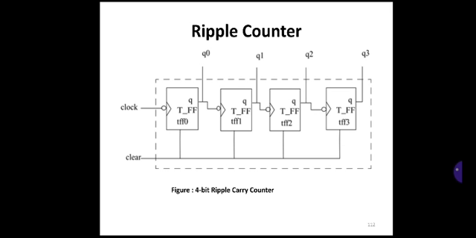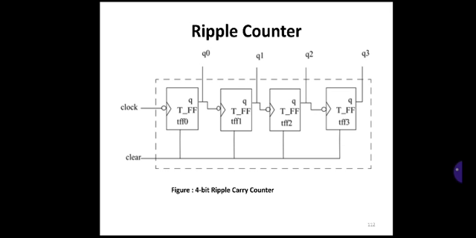As it is an asynchronous counter, the Q output of the first flip-flop, TFF0, is connected to the clock pulse of the next T flip-flop, TFF1. Like this, the output of every flip-flop is connected as the clock pulse to the next flip-flop. Q0, Q1, Q2 and Q3 are the outputs, and we have an asynchronous clear input.